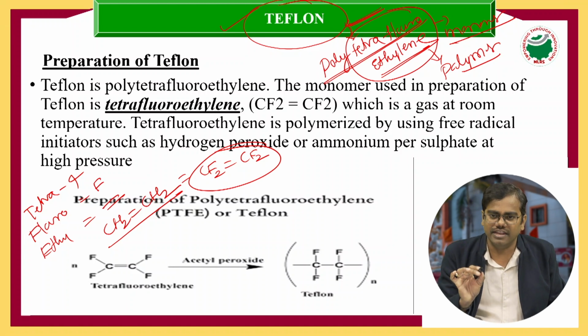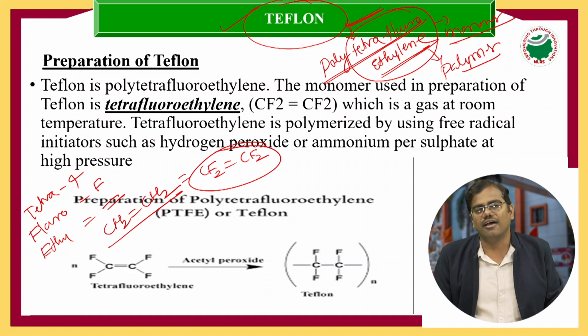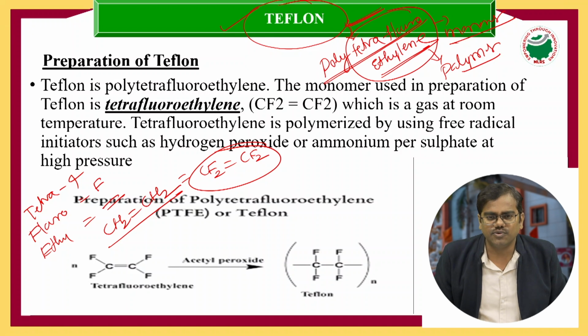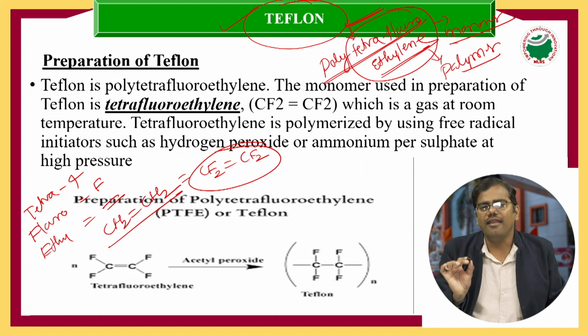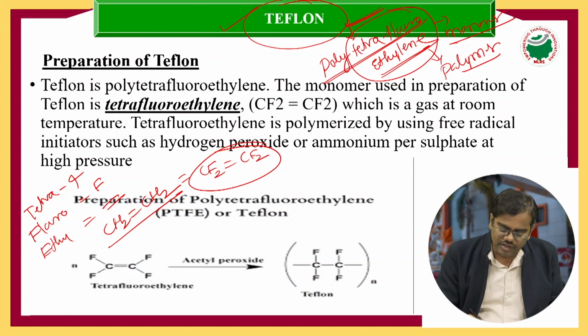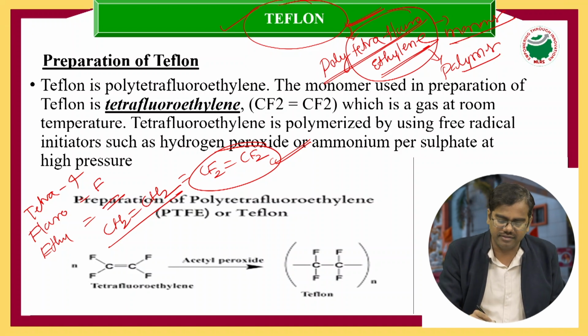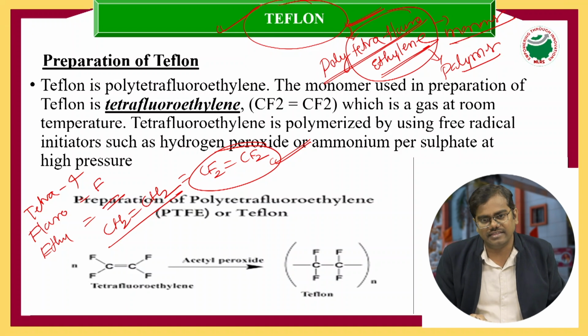It is the starting material, or the monomer, for the preparation of Teflon, that is polytetrafluoroethylene.